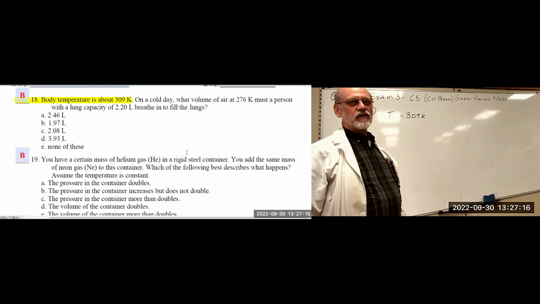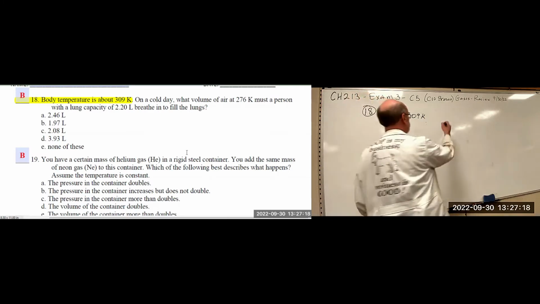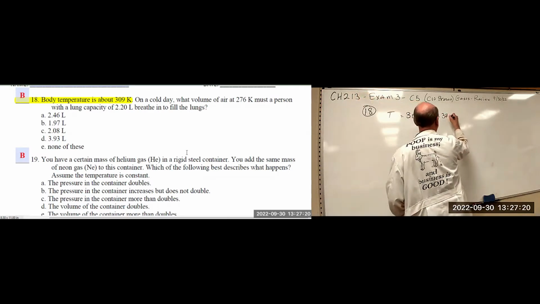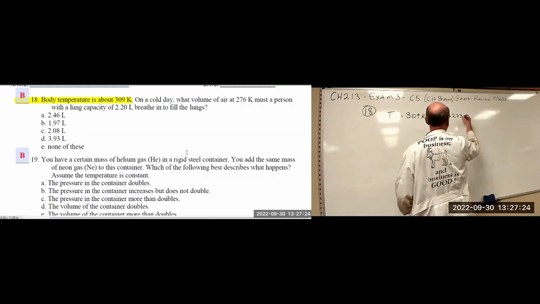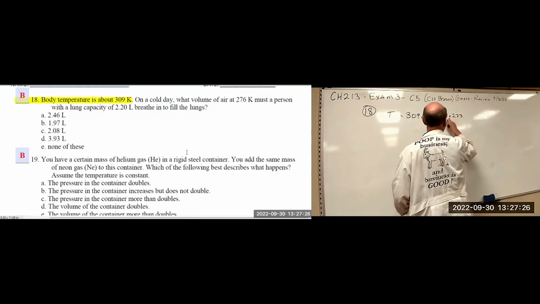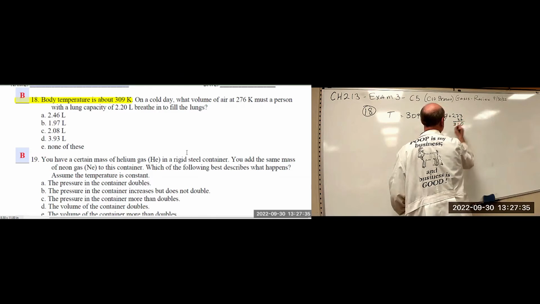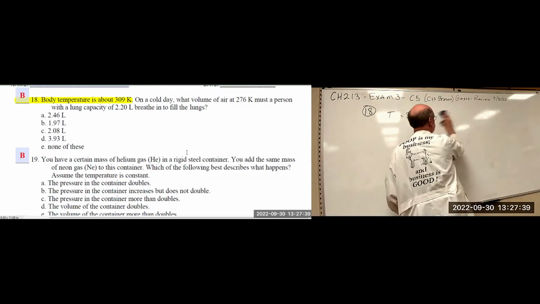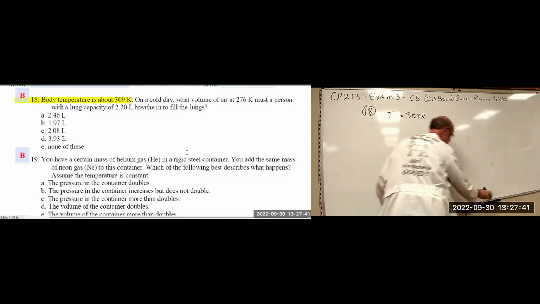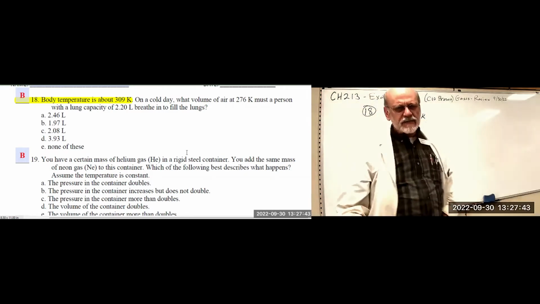Did I tell you that before? 37, plus 273. So that'd be 310. Okay, it's close. I'll accept that. So that's body temperature, they're saying.